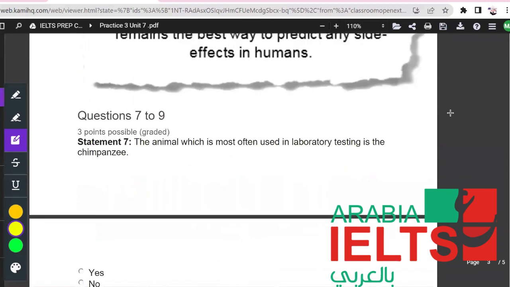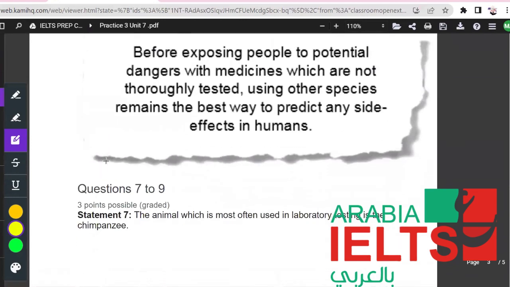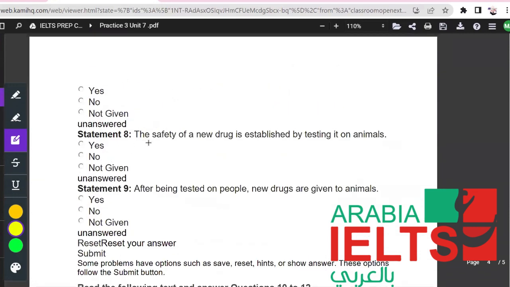Now, the animal which is most often used in laboratory testing is the chimpanzee. Not given. The safety of a new drug is established by testing it on animals.